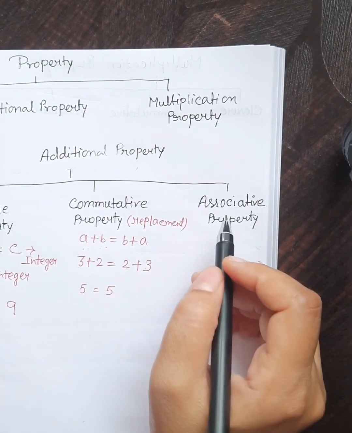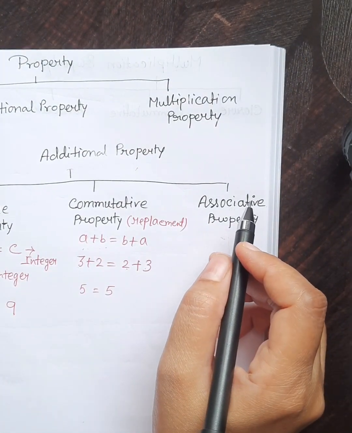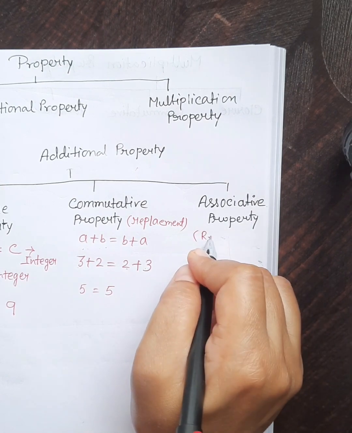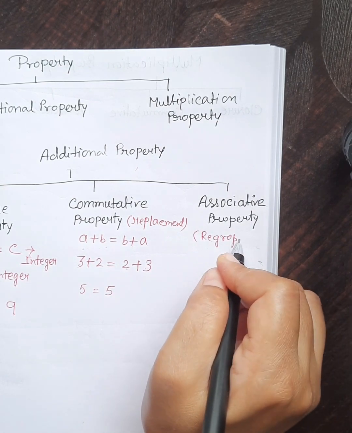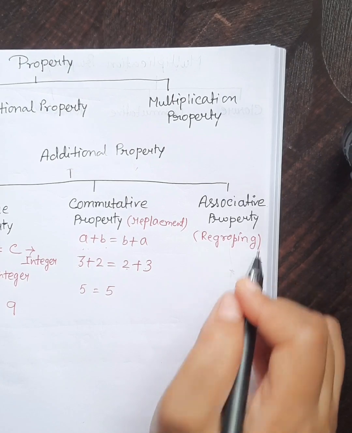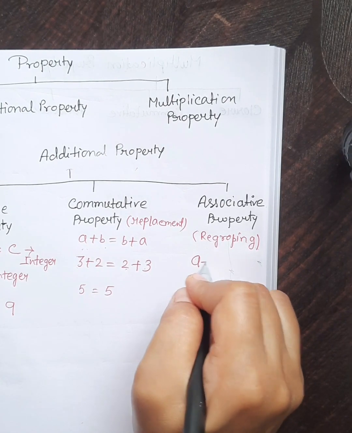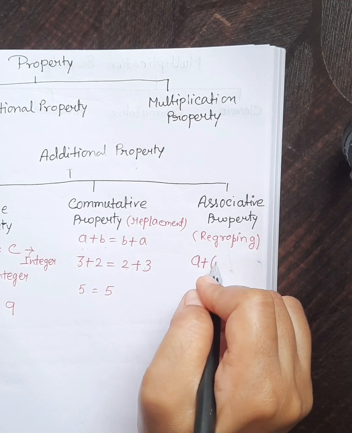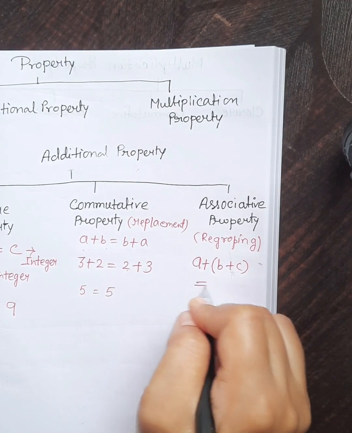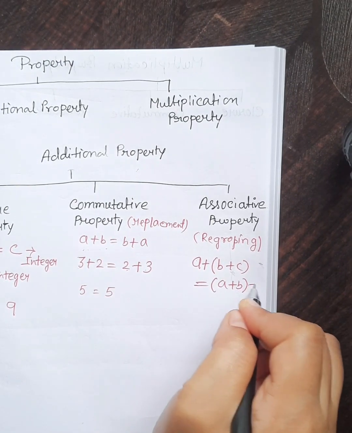What is the associative property? Associative property means regrouping. What does regrouping mean? (A plus B) plus C equals A plus (B plus C).